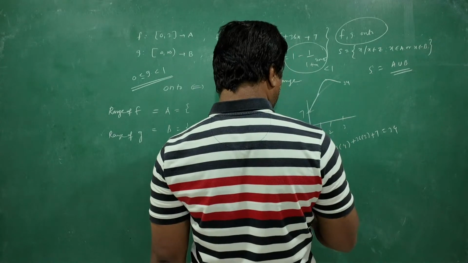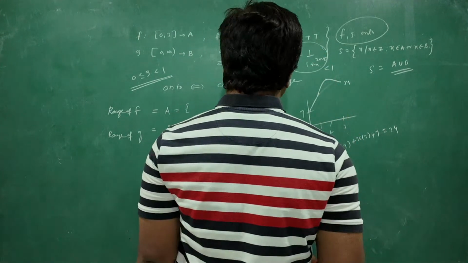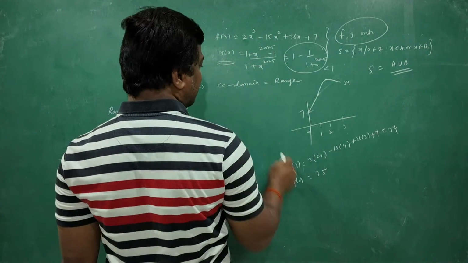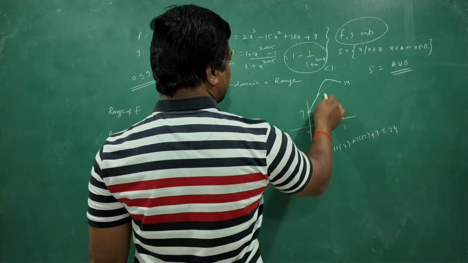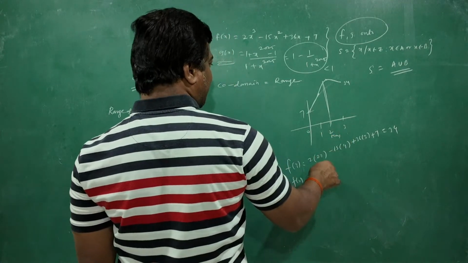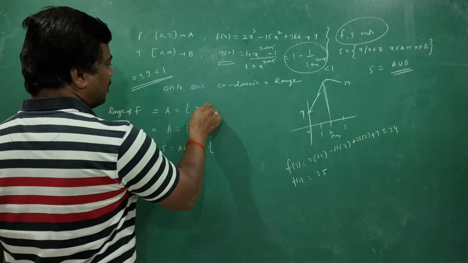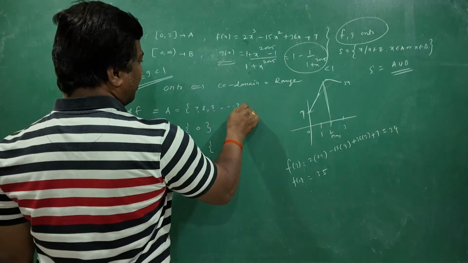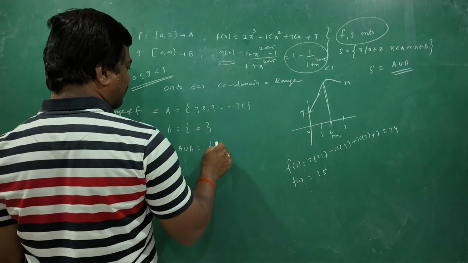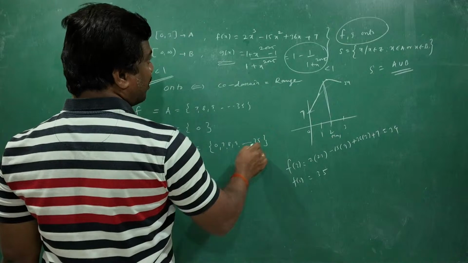F of 2, if you write x value 2, it becomes 35. Why? Because if you differentiate this, it has maxima at 2. So up to 35 it starts with 7. So 7, 8, 9 and so on up to 35. So the union of these: 0, 7, 8, 9 and so on up to 35.